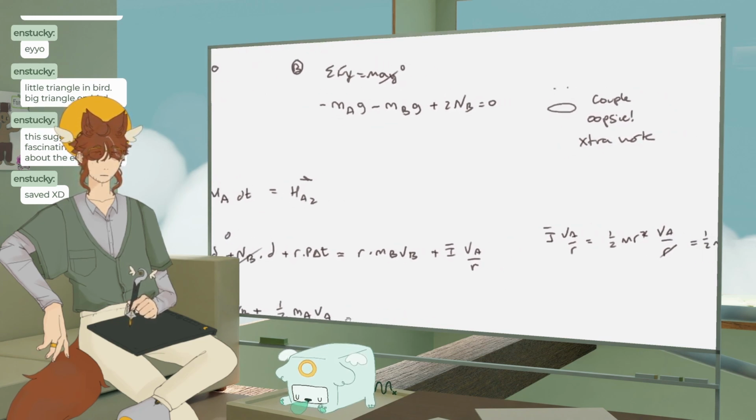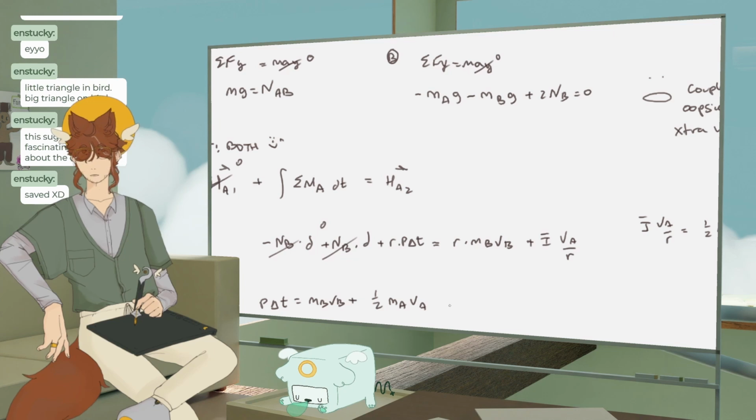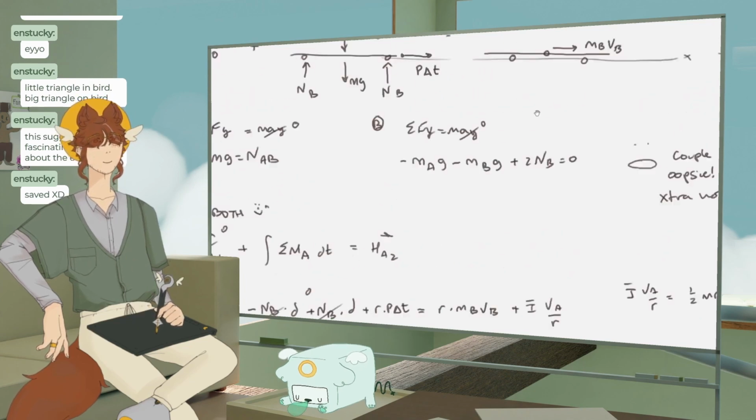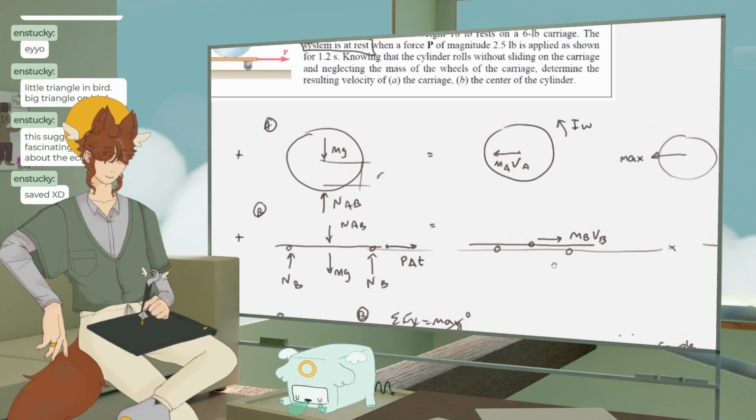Yeah, because we get rid of the R. So our other equation, we can sum linear momentum to get m v_B. Wait, I can just directly get m_B v_B. And they ask for the velocity of the carriage first anyway.